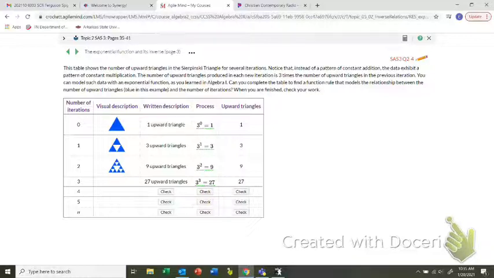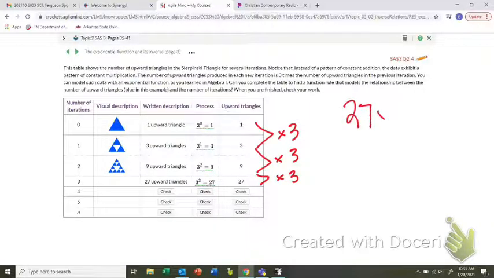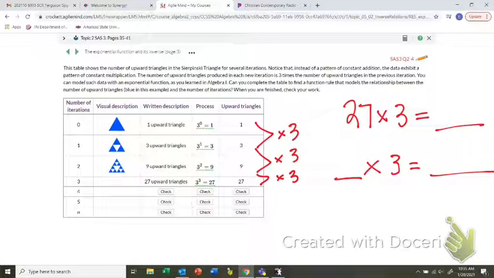Keep in mind that we went from 1 times 3 is 3, 3 times 3 is 9, 9 times 3 is 27. So next we should do 27 times 3 equals whatever, and whatever times 3 equals whatever. So now it's your turn to fill in the whatevers.